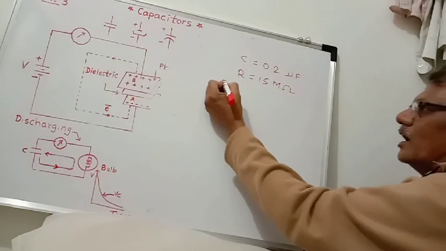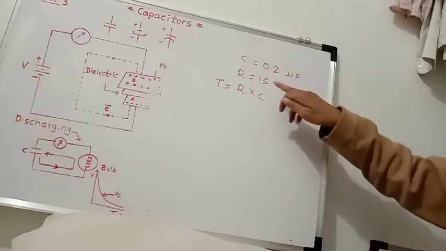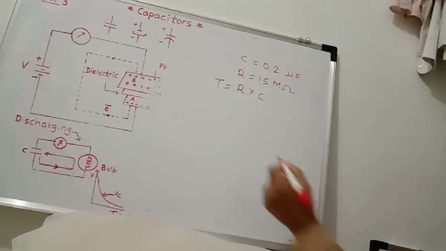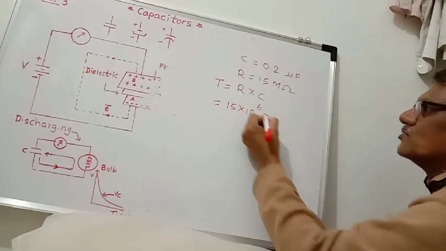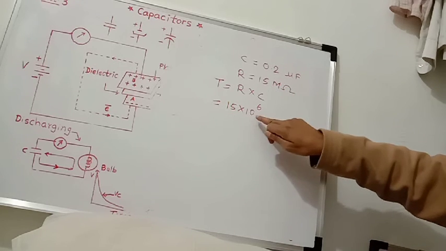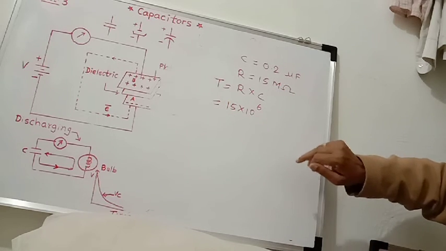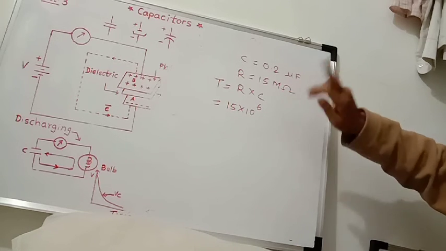So here T is equal to R into C. Here R is equal to 15 mega ohm, so 15 mega ohm is 15 into 10 raised to 6 ohm. For calculation, we have to convert mega ohm into ohm.